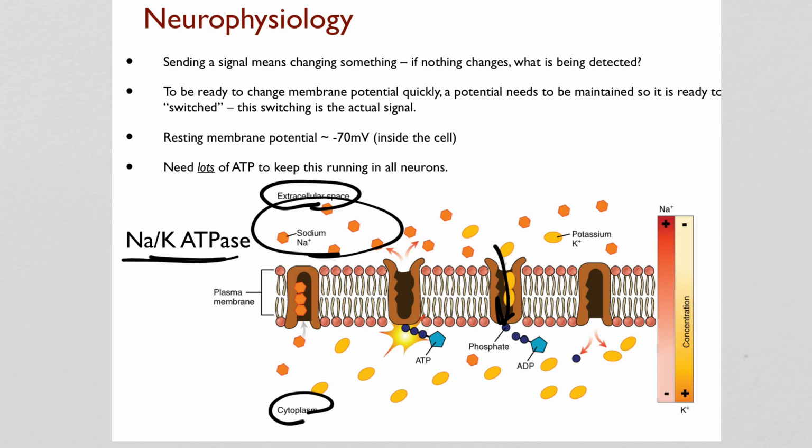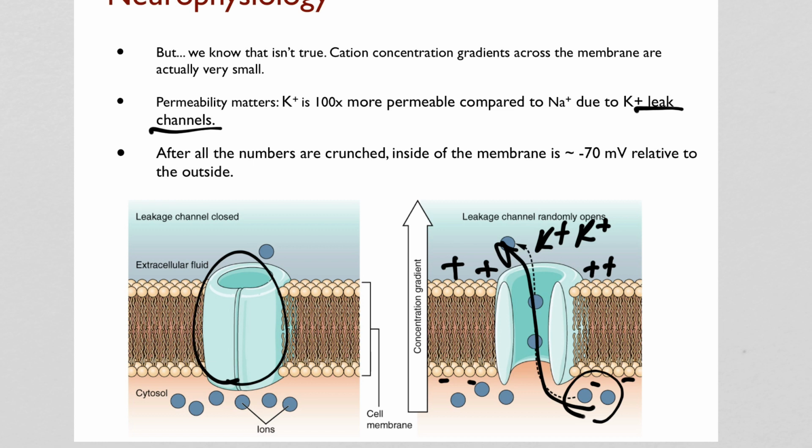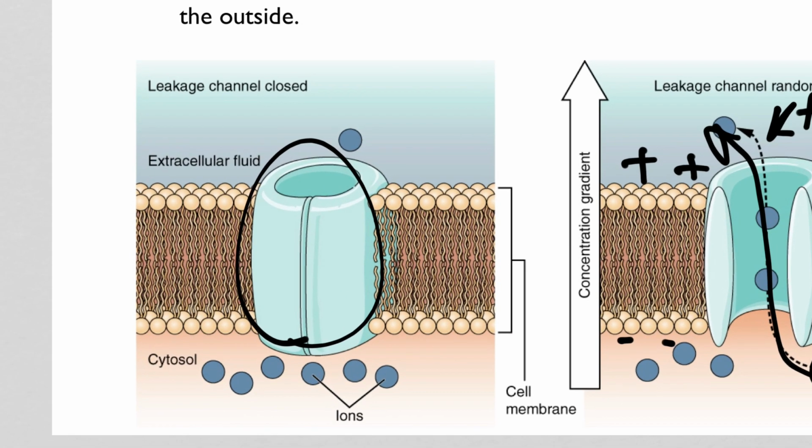And when you combine that with the fact that there are leak channels that allow potassium to slowly and constantly leak out of cells, so it loses some of that positive charge, the end result is that you get a cytosol that's a bit negative, and you get an extracellular fluid that's a bit positive. That really is the key to understanding resting membrane potential.